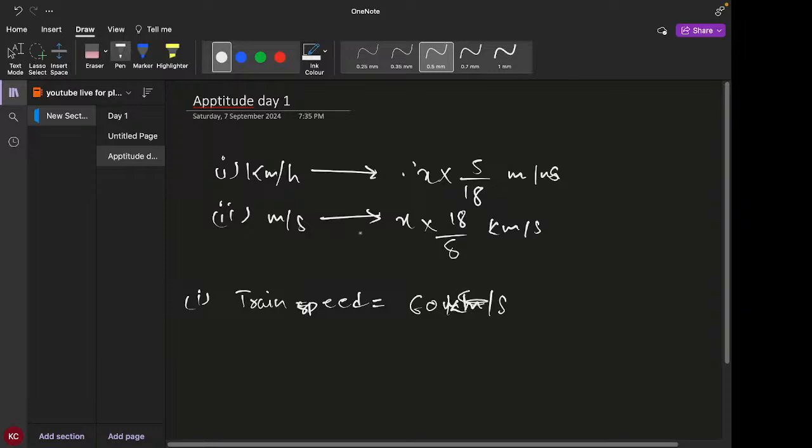Why is it lagging here? 60 kilometer per hour, and it crosses a pole.